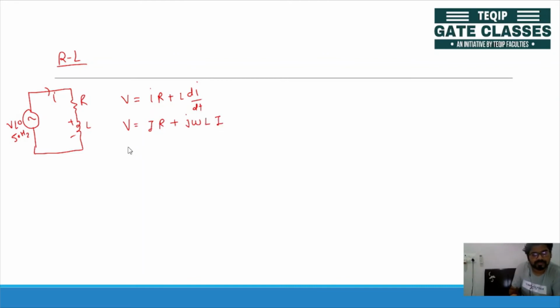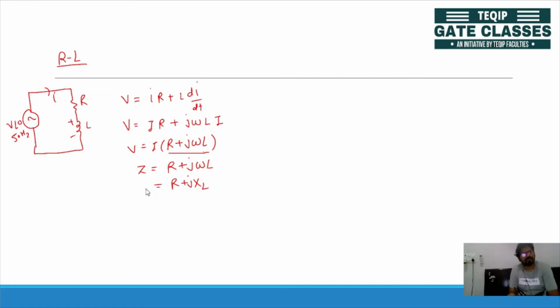So if you take I common, what will you get? R plus j omega L. So from Ohm's law, you know V is equal to I into impedance. So this should be your impedance here. So here your impedance will be R plus j omega L, or you can say R plus j XL. This XL is your inductive reactance.